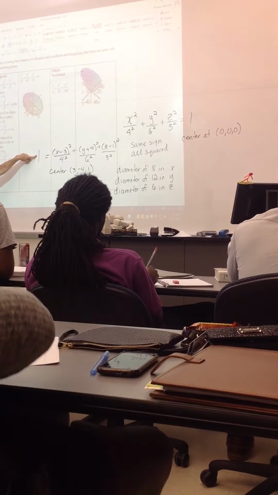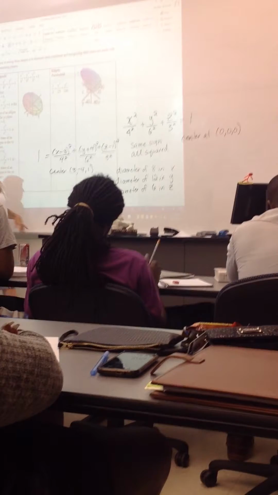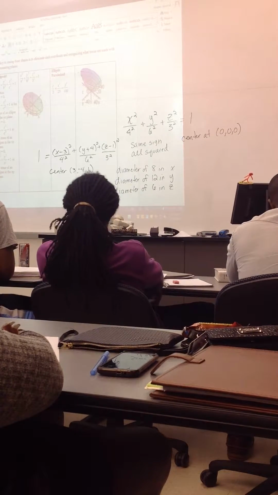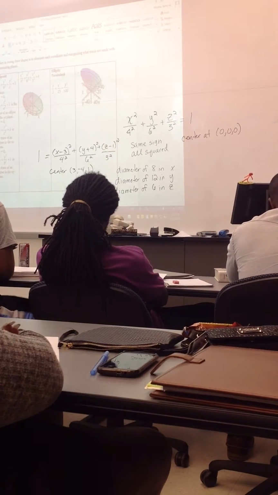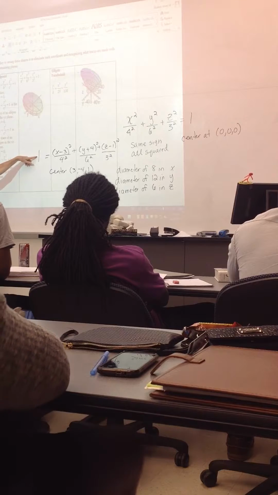If it's not in this form, don't try to pick out the diameter in the different directions. If you're trying to pick out the diameter in the different directions, then divide by the appropriate numbers to get the 1 by itself.